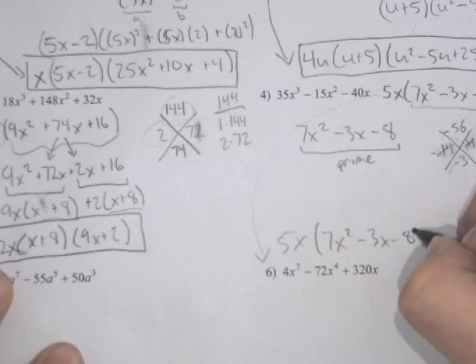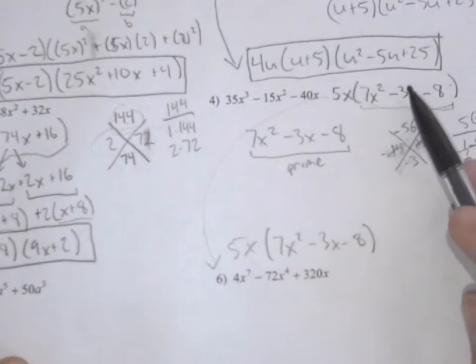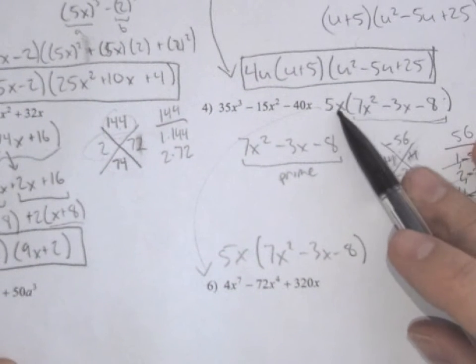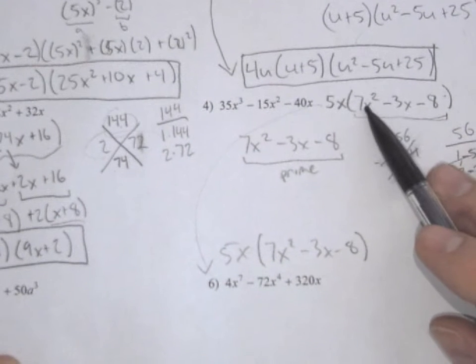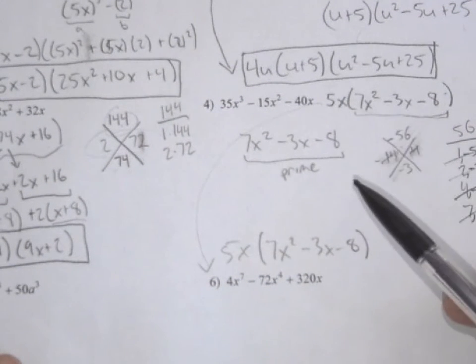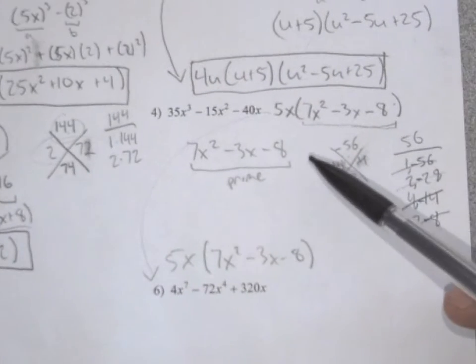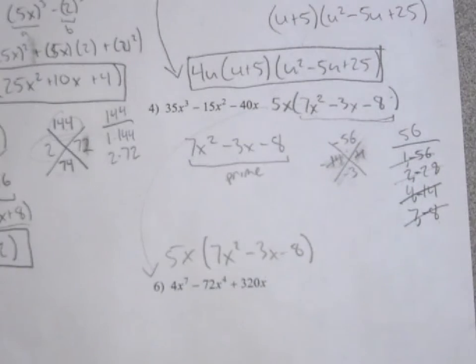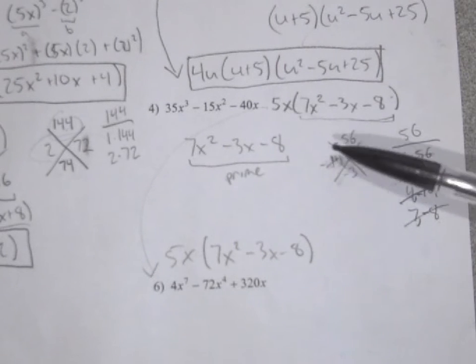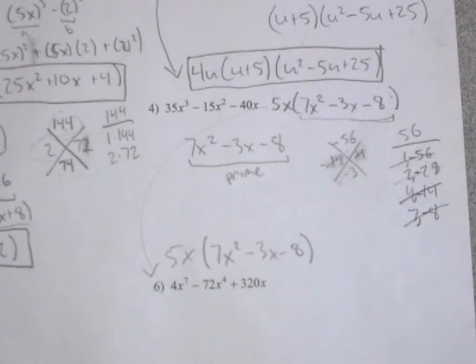But we did do some factoring. We did do a little factoring because we took out the greatest common factor, right? So we took out the greatest common factor. That was step 1. Step 2 was to check to see if this trinomial was factorable, and we tried AC grouping, and we didn't get any options. Now, if we were to try guess and check, the same thing would happen.